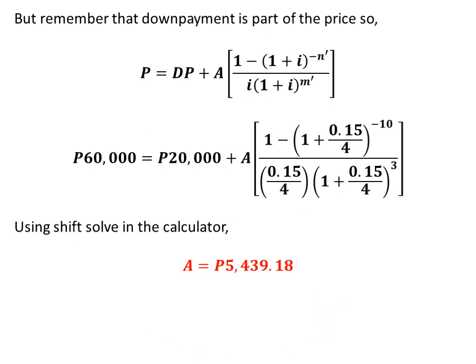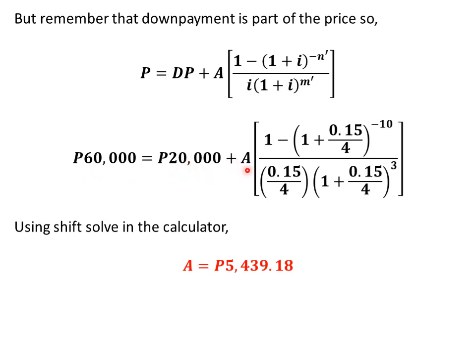Now, but remember, you have a down payment. And recall from our previous discussion, down payment is part of the price. So, your price will be the down payment plus the total of your annuity. So, you will have price is 60,000. Down payment is 20,000.